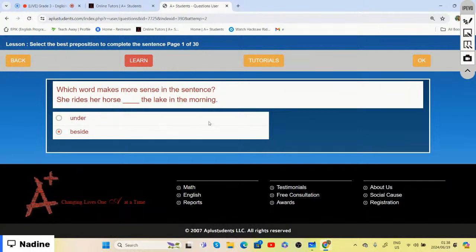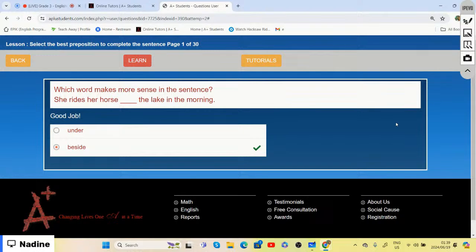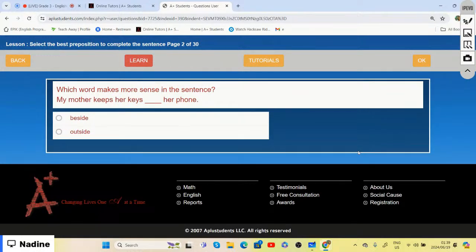So she rides her horse, and we said it is beside the lake. Beside is like saying it's next to the lake, right? So beside the lake in the morning.